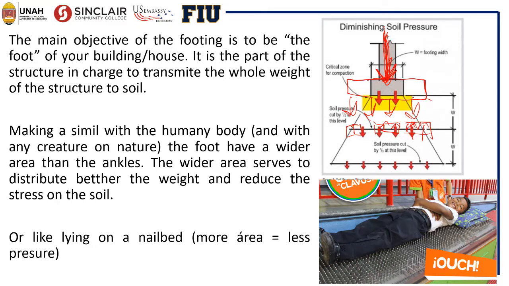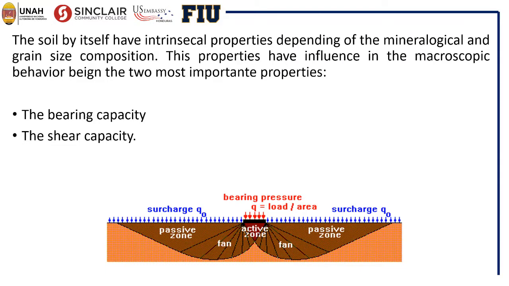Why do we need the pressure on the soil to be lower? It's because all soils have some microscopic behavior based on mineralogic properties and grain size properties. Those macroscopic behaviors can be described as the bearing capacity of the soil and the shear capacity of the soil.